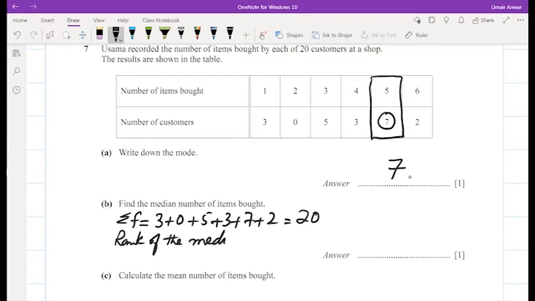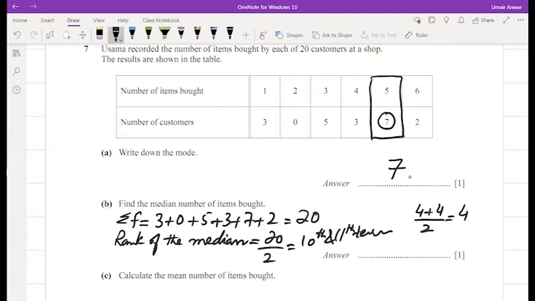Since it is an even number of data, we need to average out the 10th and the 11th term of the data given. If we try to find out the 10th and the 11th term, both of them are going to be 4. So we add these two terms, average these out, and the answer is still 4. So the median of the data given is again 4.